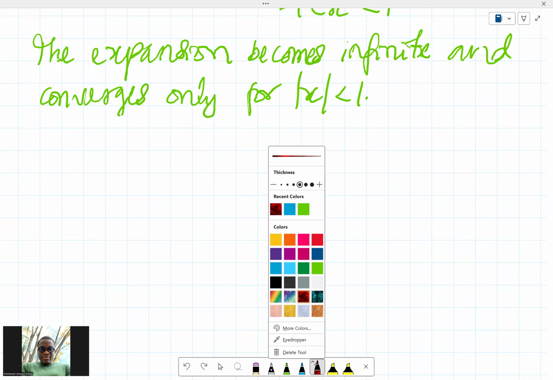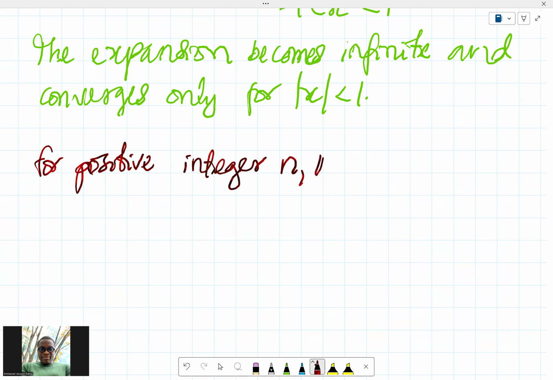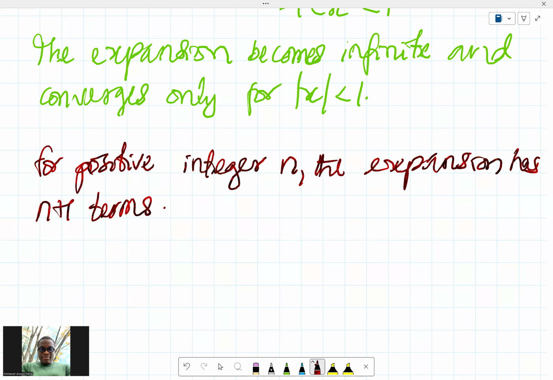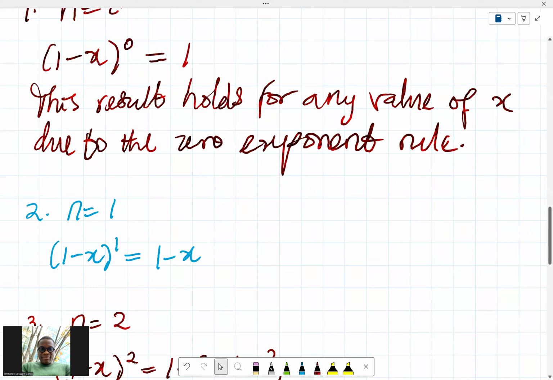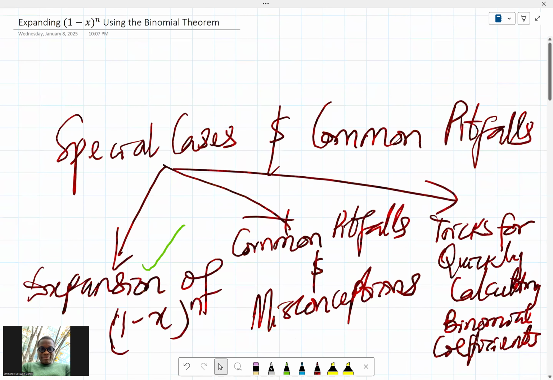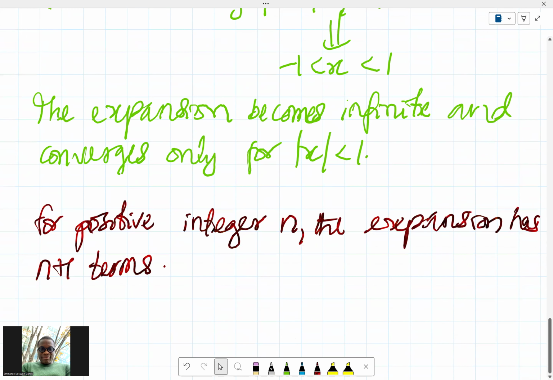So we say that for positive integer n, the expansion has n plus 1 terms. Okay, so this is a kind of special case when you're expanding 1 minus x raised to power n. We just need to pay attention to this basic stuff. Very simple, but worthy of attention. And that is the essence.